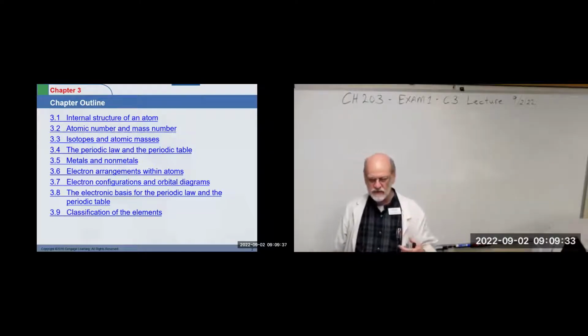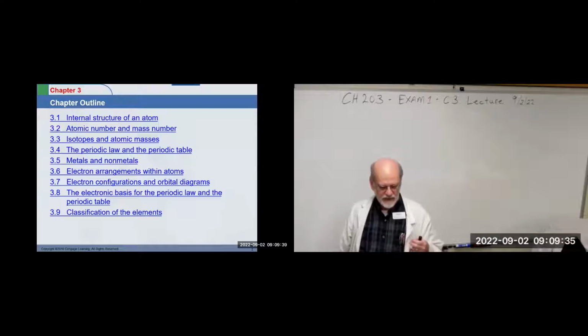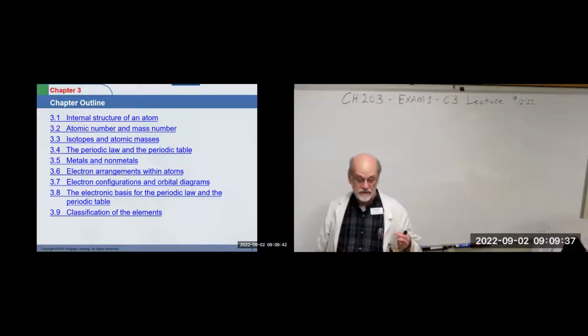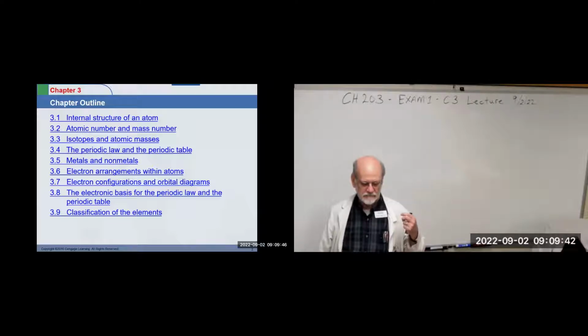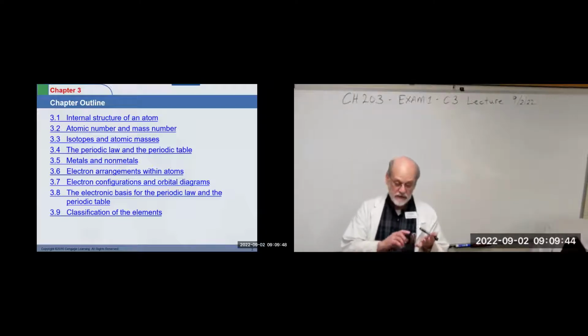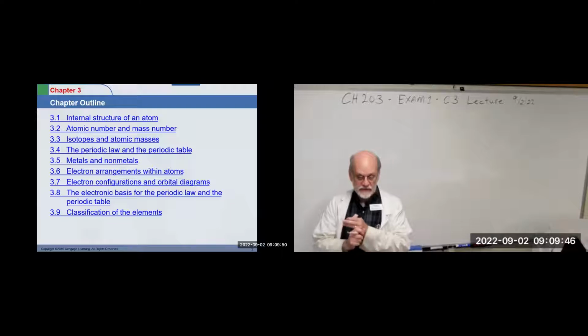Today we're going to dig into the structure of the atom and use that information to tell us something about several things, actually. The structure of the periodic table is based upon the structure of the atom.